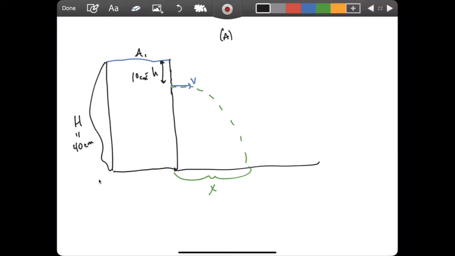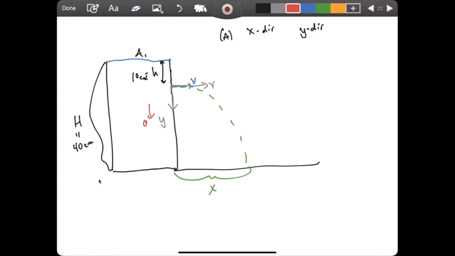So part A. Since this thing is projectile motion, we're going to have to use our kinematic equations, which means we're going to look at the x direction and the y direction. So let's put in a coordinate system. I'm going to use positive y as downward, and let's make this the x direction.